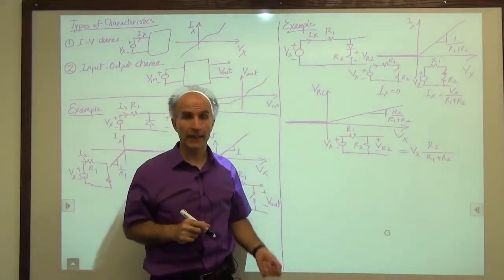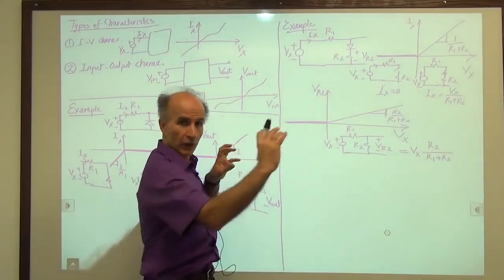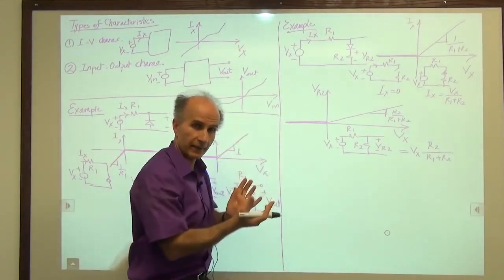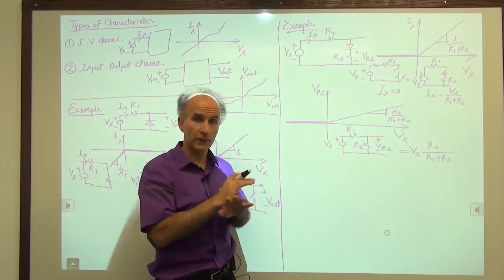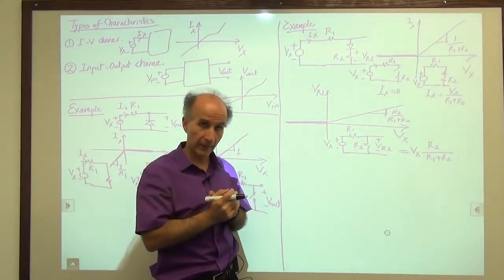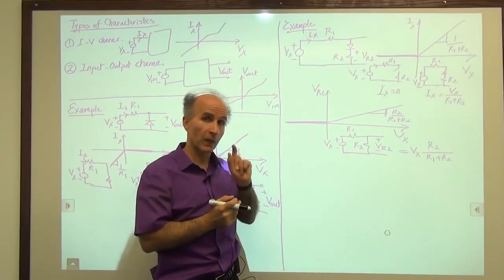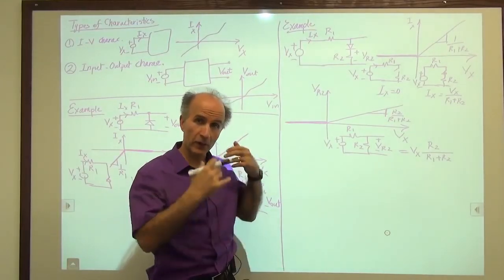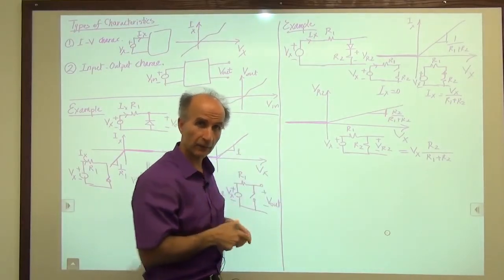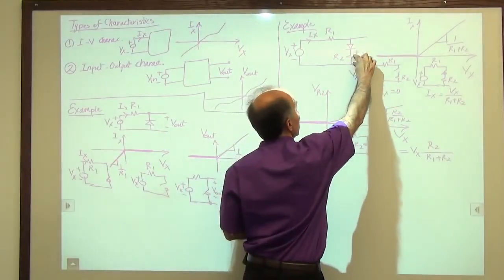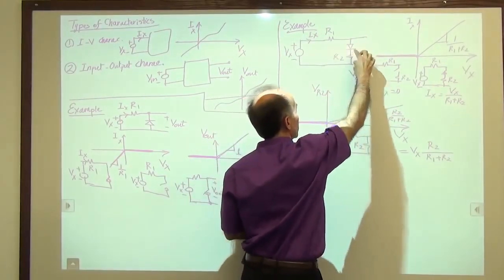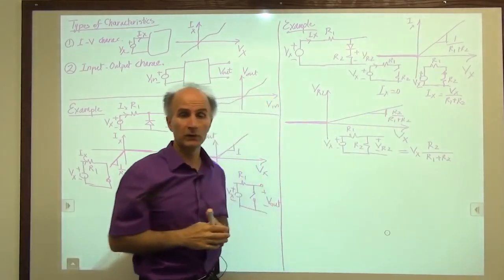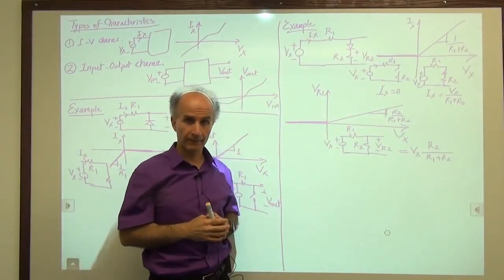In other words, as far as Vx and VR2 are concerned, this system says if Vx is negative, VR2 is 0. We don't give out anything. If Vx is positive, we will attenuate it by a certain factor and produce it at the output, if the output is here. If we put everything else in a black box and we say this is the input, this is the output, that's what the system will do to the input signal.